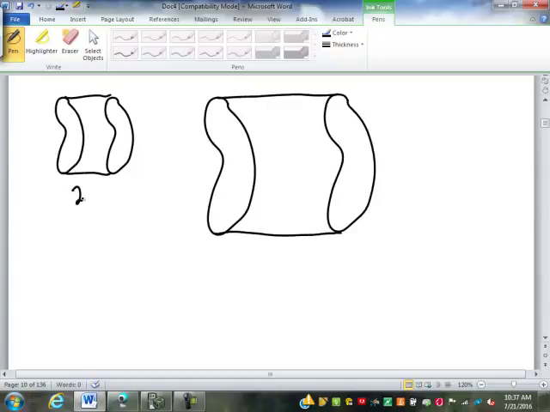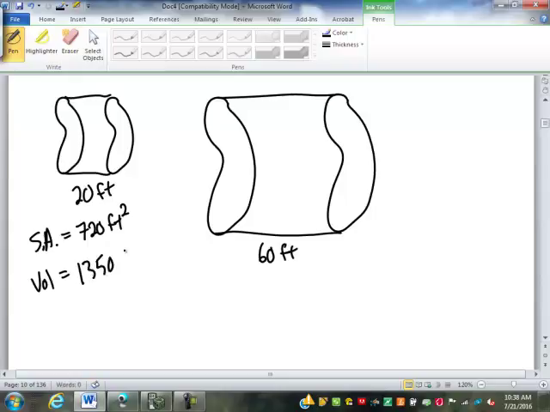This has gone from 20 feet up to 60 feet. This has a surface area over here of 720 square feet and a volume of 1,350 cubic feet.